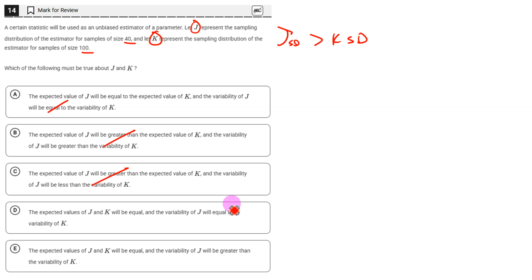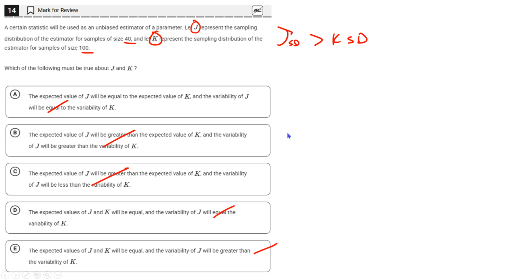The variability will not be equal. Weird, it looks like A and D are kind of the same answer. Anyway, it doesn't matter because they're both wrong. The variability of J will be greater than the variability of K.